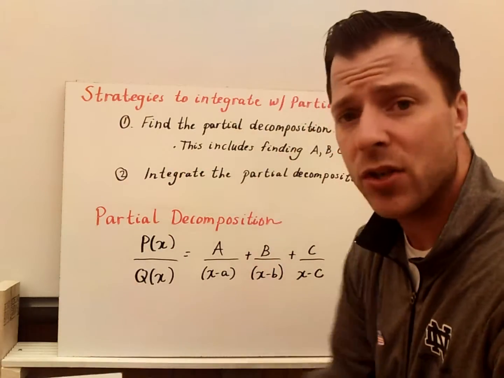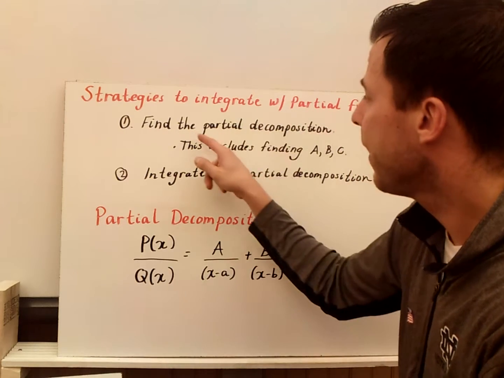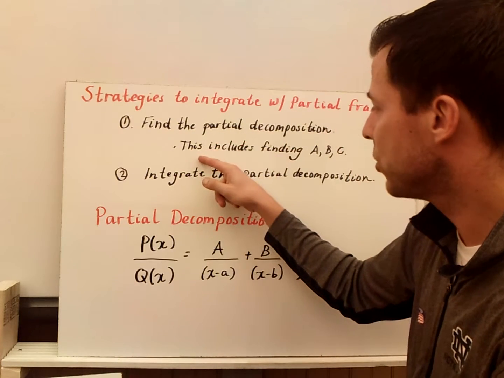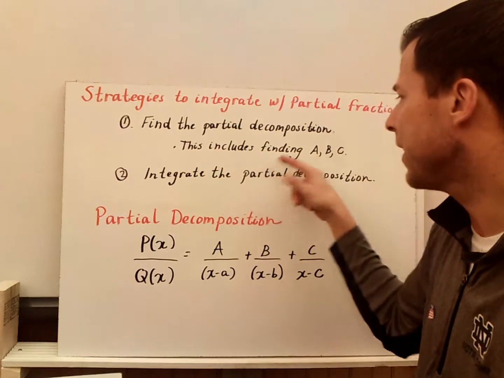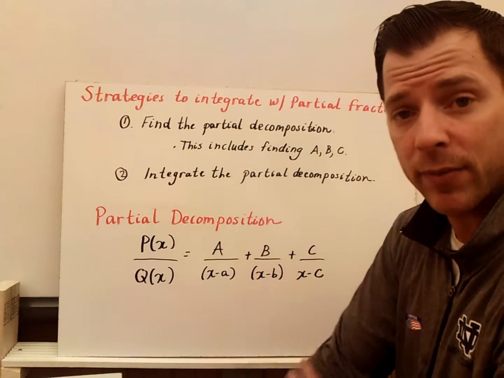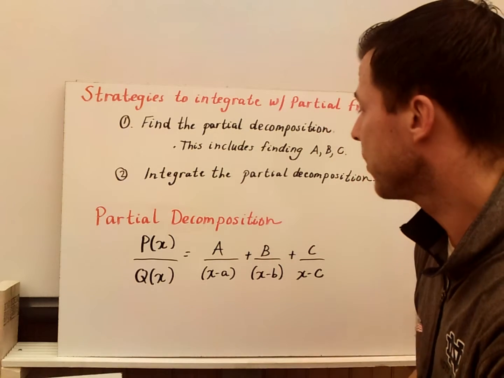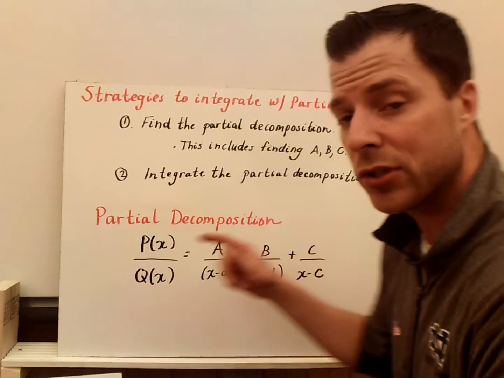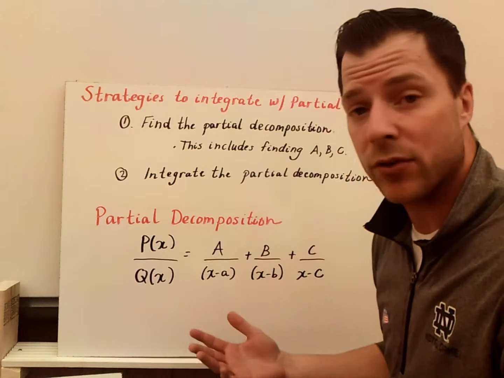My strategy is, number one, to find the partial decomposition, and this includes finding A, B, C, maybe D. It depends on how many factors I get in my denominator. Once I have the partial decomposition, then I'm going to integrate that.